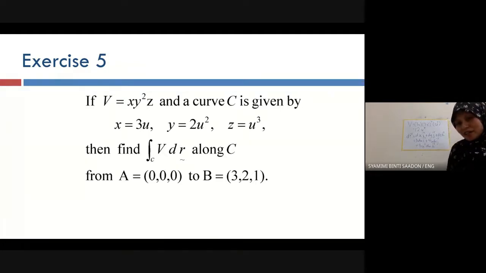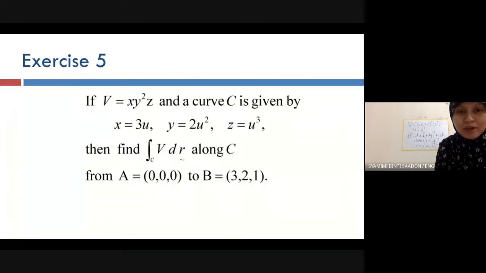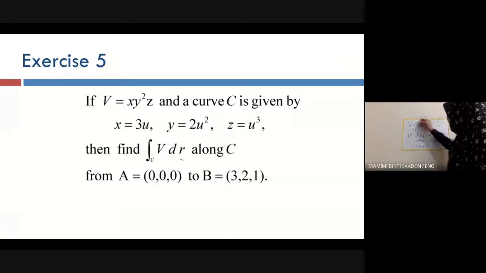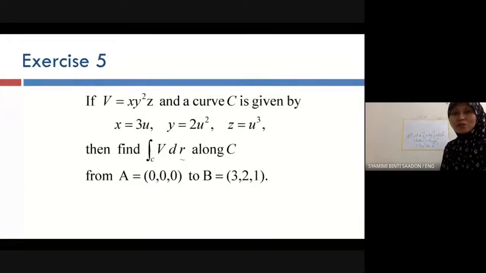Next, the question gives points A and B. Again, for points A and B we also need to change them, because they are given in terms of x, y and z. So A is (0, 0, 0).